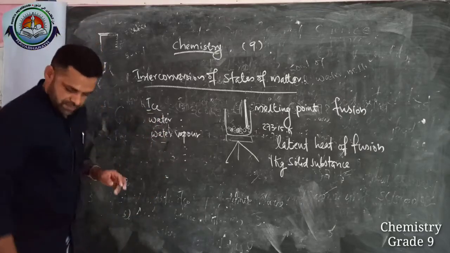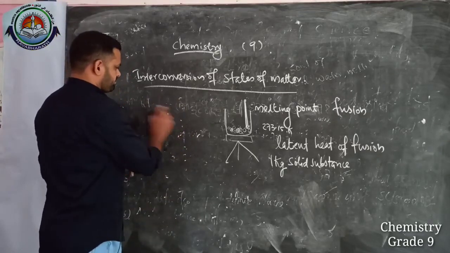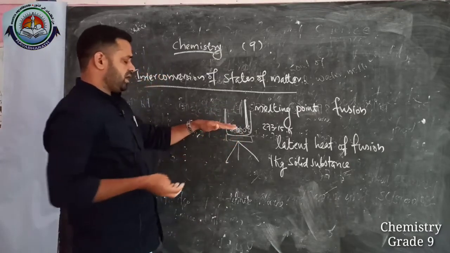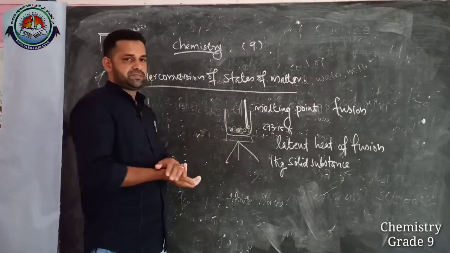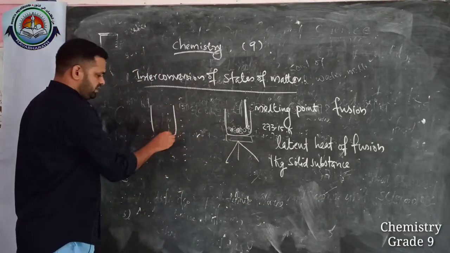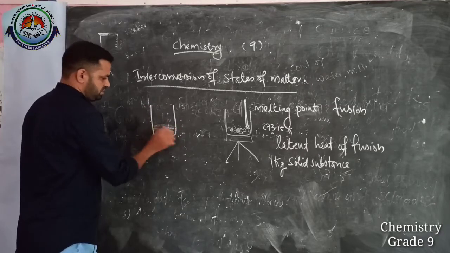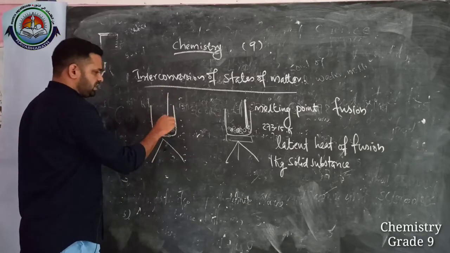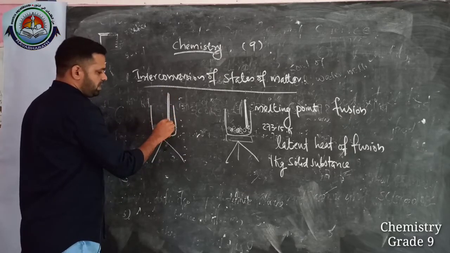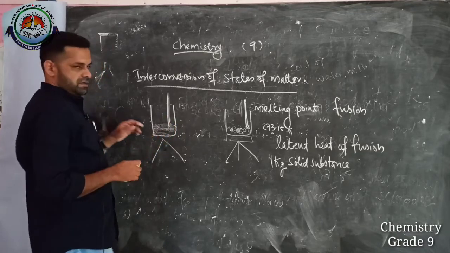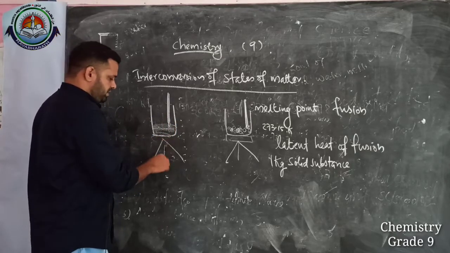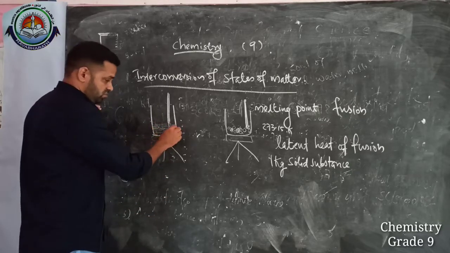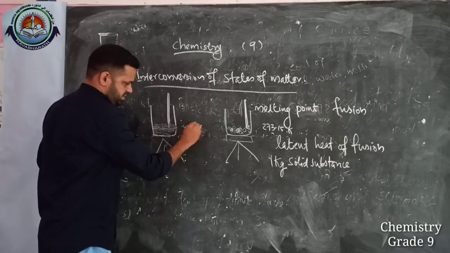And then, after all the ice cubes are converted into liquid, now in the beaker it is water. Again we are dipping a thermometer, the bulb of the thermometer is dipped inside, in touch with the water, and then again we are heating the water, which is in the liquid state.